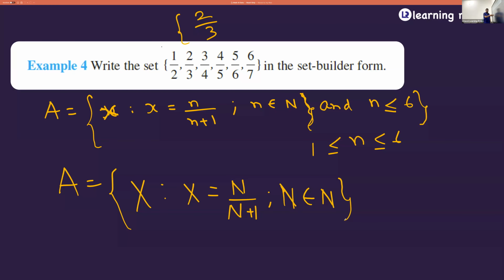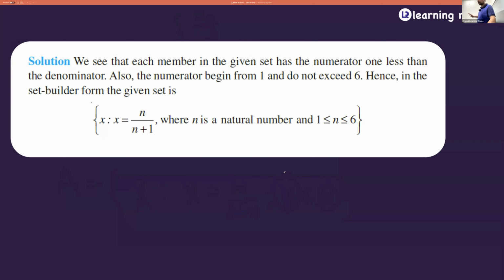This is a variable such that this variable is some number divided by n plus 1, where that number belongs to natural number set. But what did we do? For the natural number set, instead of writing 1, 2, 3, 4, you have already given capital N. Then why do you want to confuse someone with using the same variable? But according to what I wrote, this represents this n. But others will get confused. That is the reason why they created the differentiation. It is not like you should not do it.